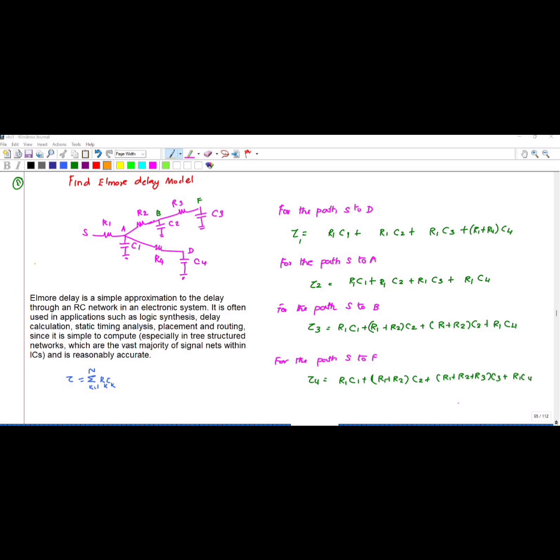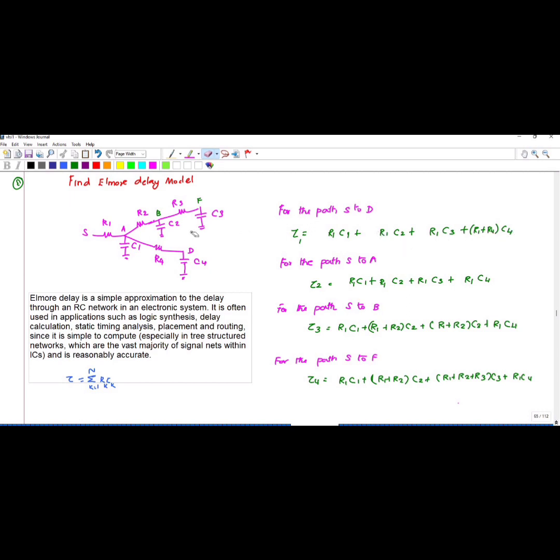Since the path is in this direction, for C1 you have to write R1, and for C4 you have to write R1 plus R4. You have to add the resistance through this path. For C4 you have to add R1 and R4.